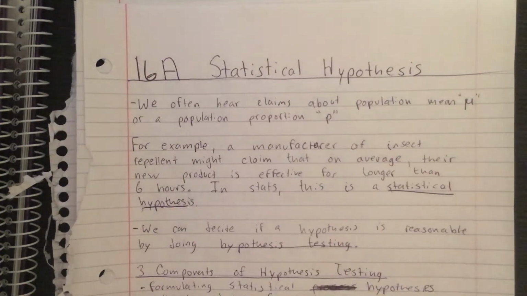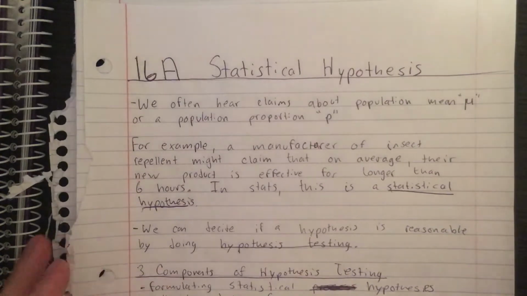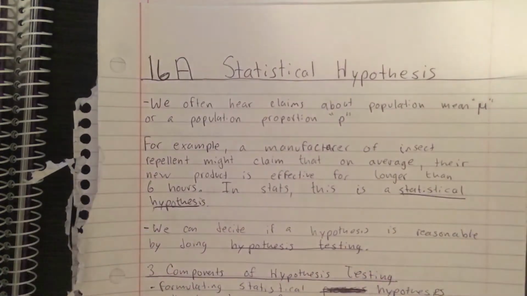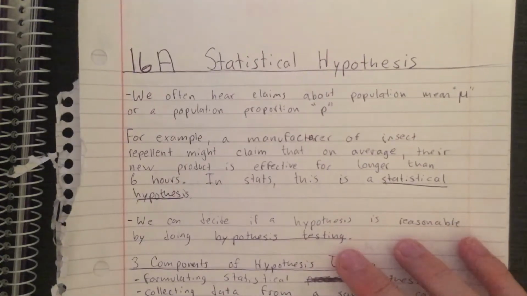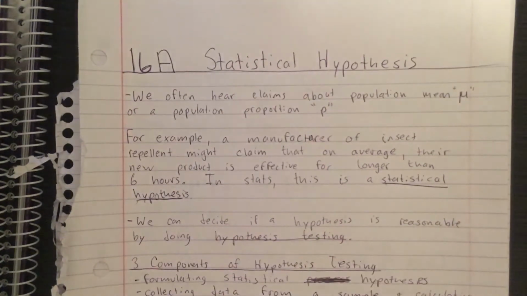A lot of times you'll hear claims from companies that this product has an average of this, or 72% of people who use this have this effect happening. It's a pretty prevalent thing that we'll see. Now that I've mentioned it, I'm sure you'll notice it everywhere.